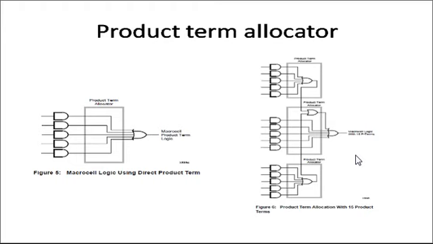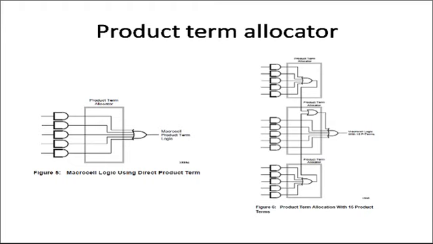Now try to understand this. Here the function block has ended. The function block contained 3 things: programmable AND array, product term allocator and macro cell.